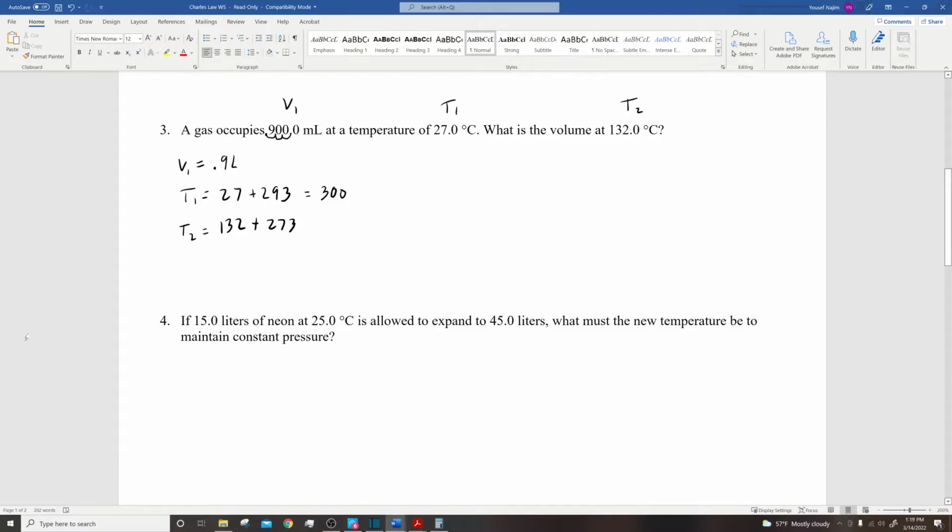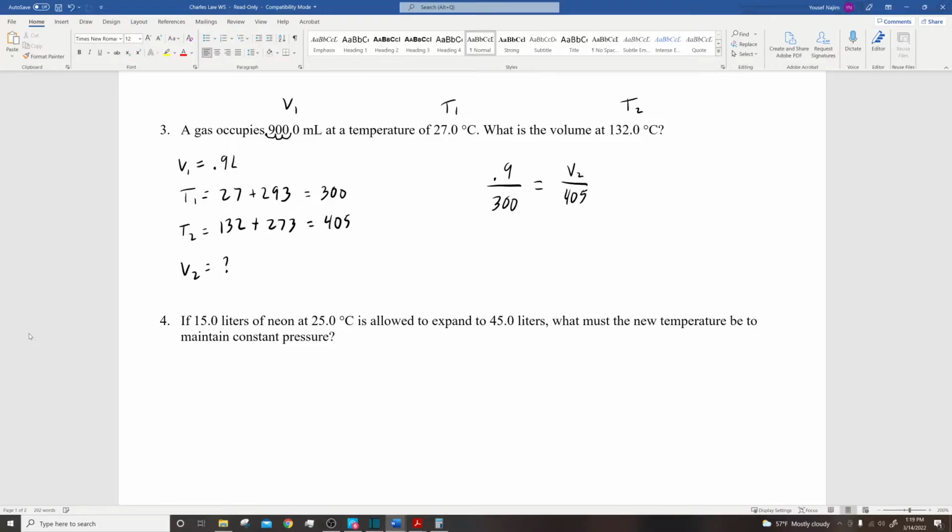And that gives us 405. So T2 is equal to 405. And here we're solving for V2. So let's plug it into our equation. So that's going to be 0.9 over 300 is equal to V2 over 405.